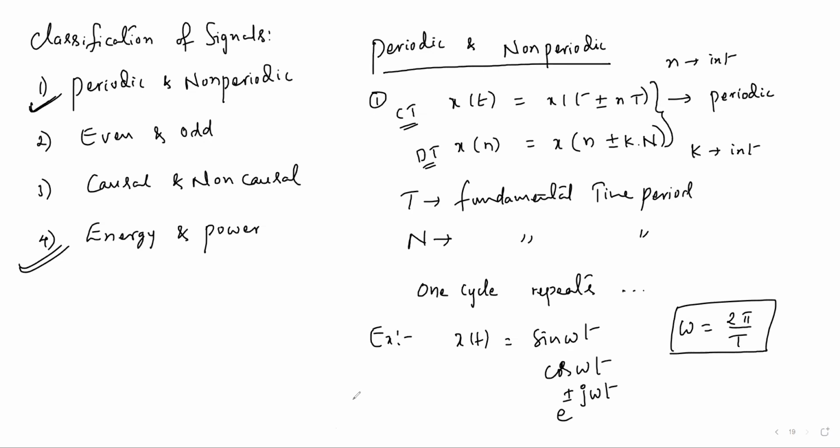So these are periodic signals we have in our basic elementary signals. Remaining all signals are non-periodic signals. These are all periodic signals.